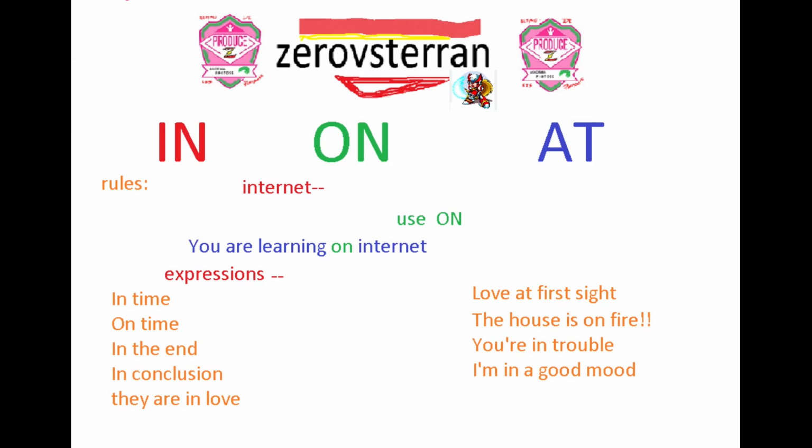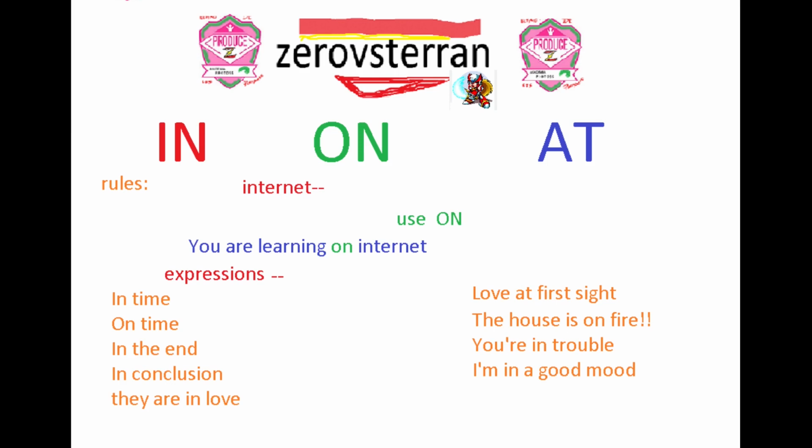Here are some expressions that don't really fall into the categories I've mentioned today. In time, on time, in the end, in conclusion, they are in love. Love at first sight.